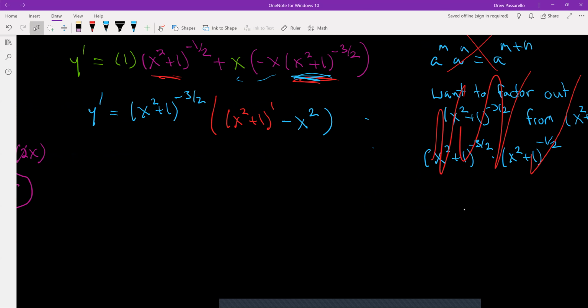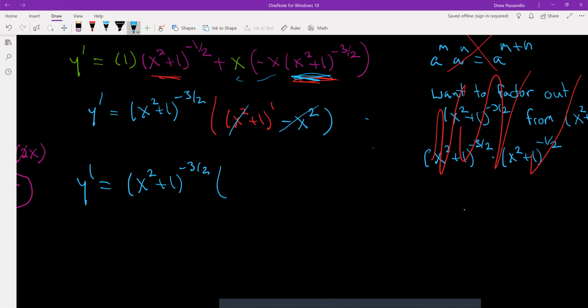All right, so then focusing inside of the parentheses, you have y prime, and then I'll worry about the negative 3 halves in a second, just focusing on the parentheses right now. All right, so I have x squared plus 1 in the first power is just x squared plus 1. And I have an x squared and a minus x squared.